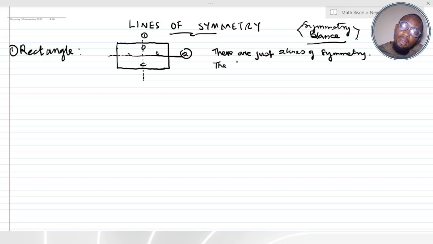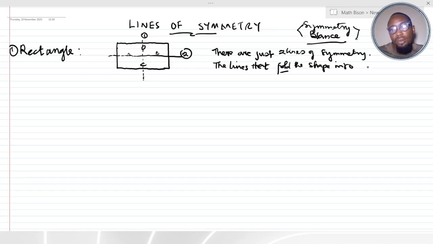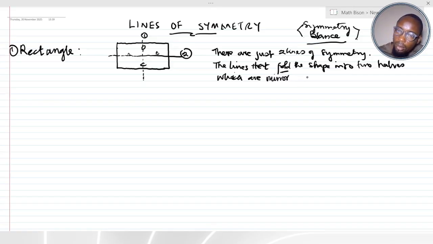The lines fold the shape into two halves which are mirror images of each other. You need to go get a mirror and feel the power of symmetry.